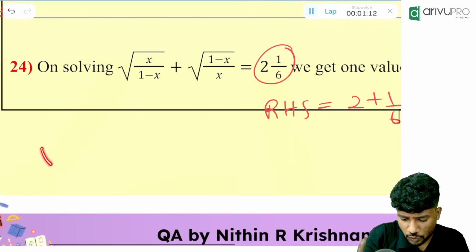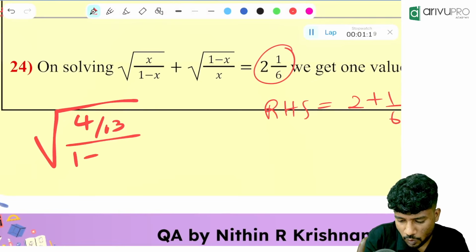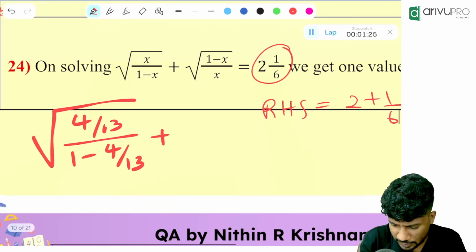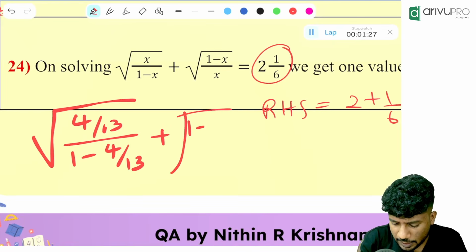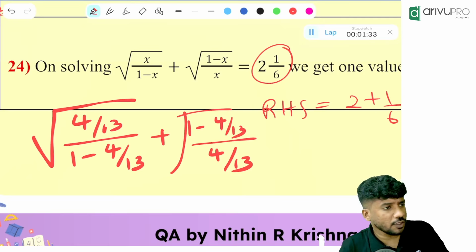That means root of what is remaining? Option A I am trying. 4 divided by 13 divided by 1 minus 4 by 13 plus its inverse. So I will write it as root of 1 minus 4 by 13 divided by 4 by 13. We need to check whether it is coming to the answer.